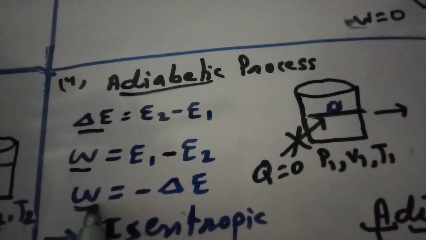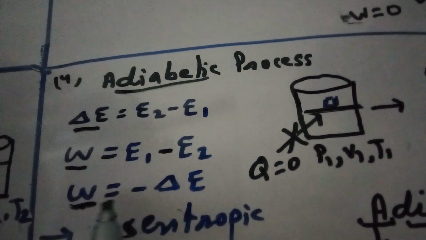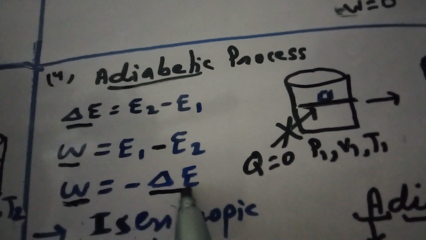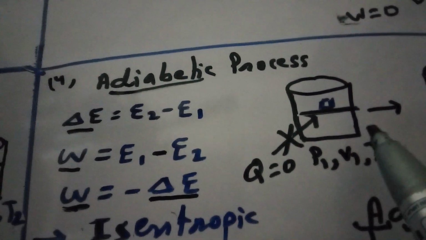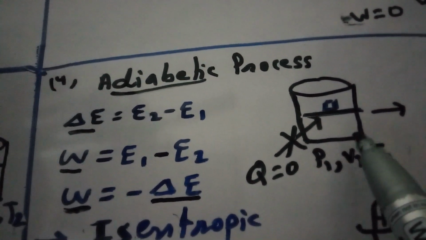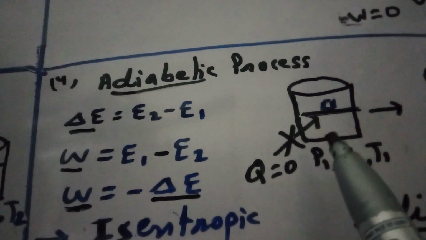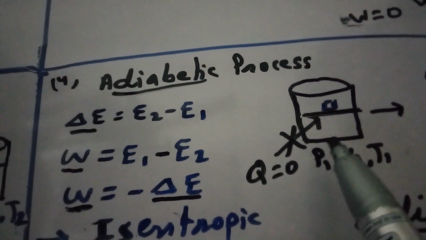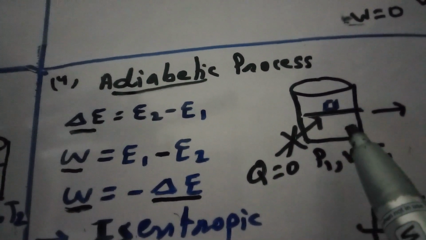So the work W is always equal to minus delta E. Why minus delta E? Because the work is done when internal energy changes.